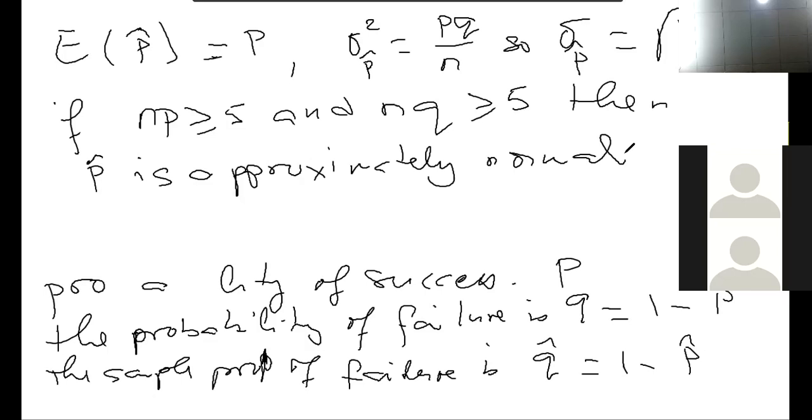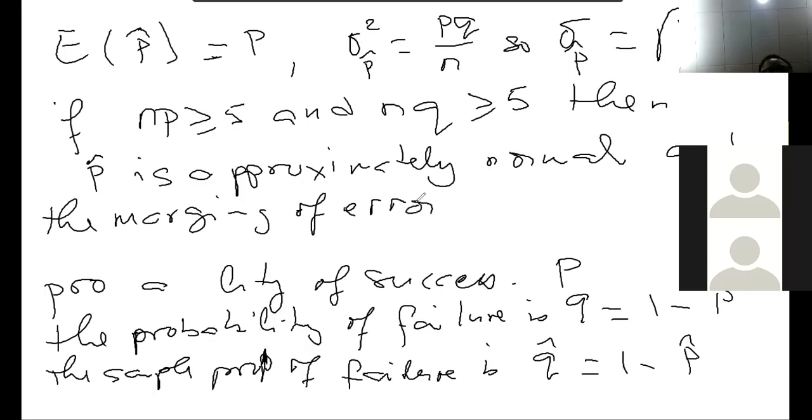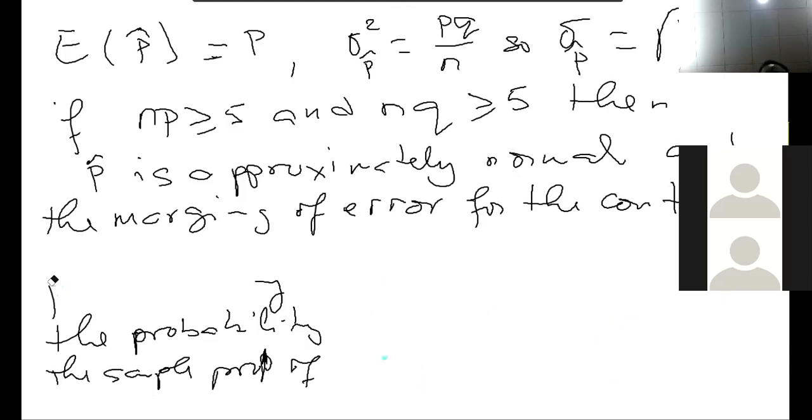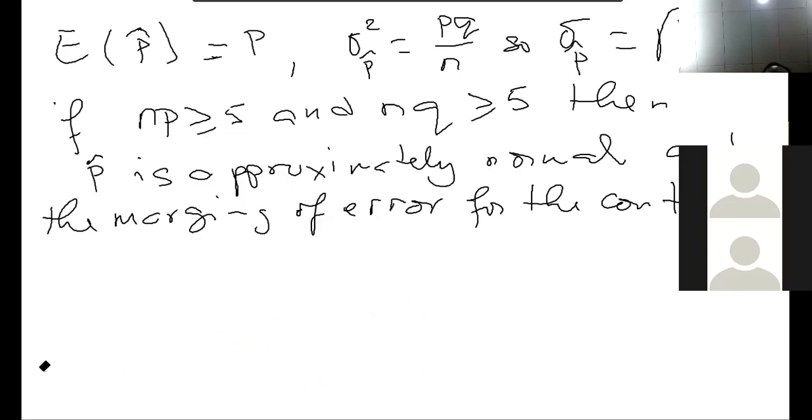It's approximately normal, and the margin of error for the confidence interval, knowing the standard error of estimate, is z alpha over 2 times the standard error of the estimate.